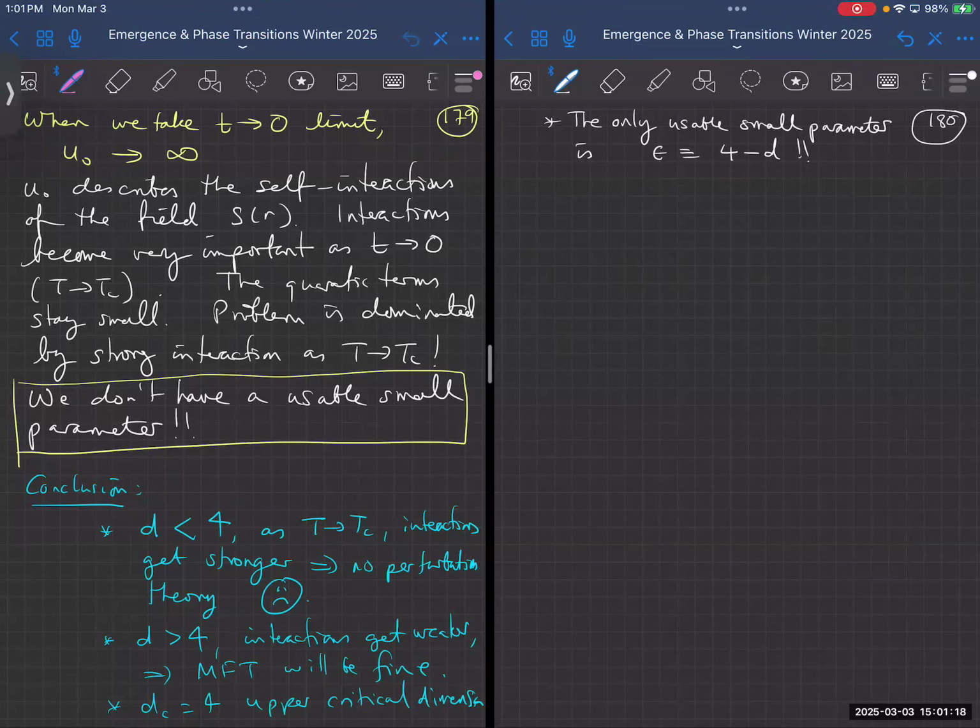So now I want to talk about the basic idea of doing a renormalization group. And we are going to come back to dimensional analysis a little bit later. So now I want to talk about the basic idea of the sort of field theoretic RG, at least in the Wilson framework.